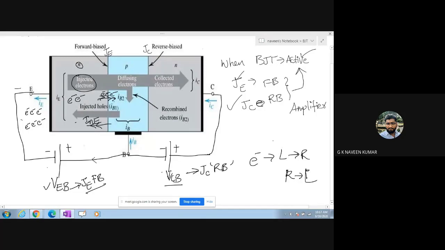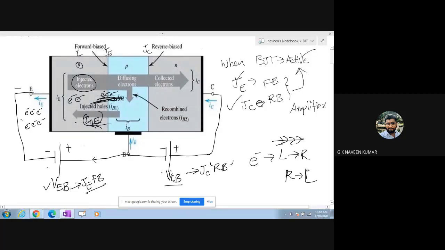So the electron movement is in this direction. Your injected electrons are moving from emitter to base. So the current will be in this direction. Let us say that current will be INE. Why INE? Because this is N-type semiconductor and the emitter is the one which is here.